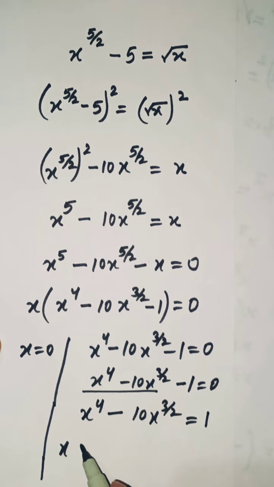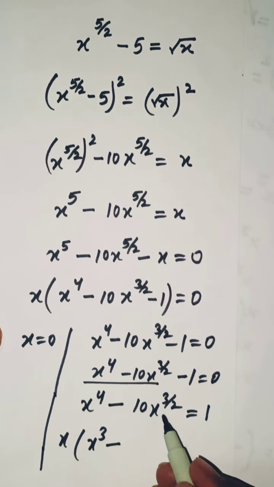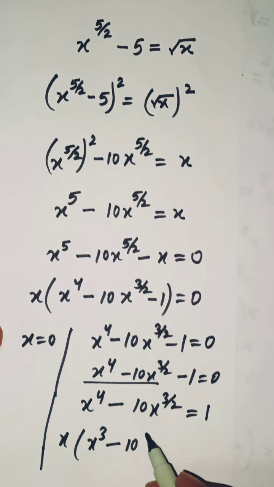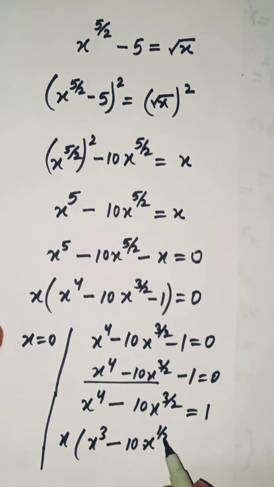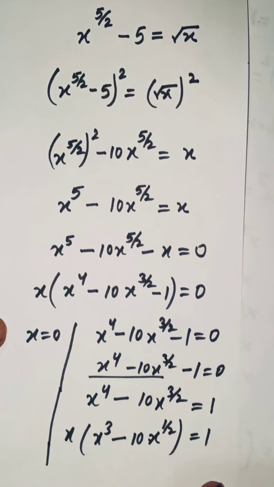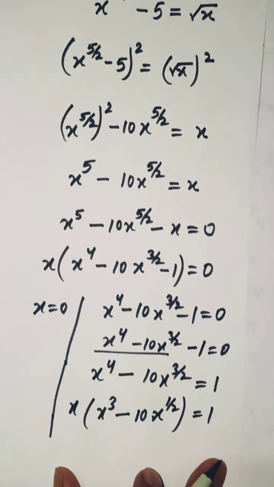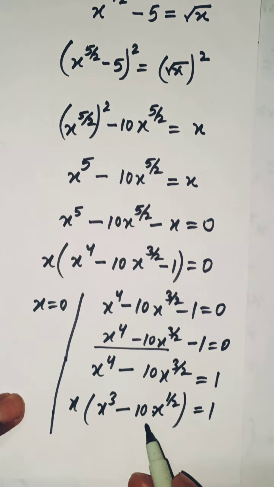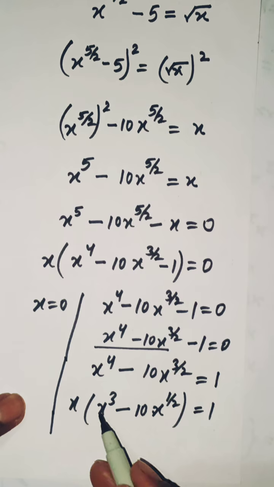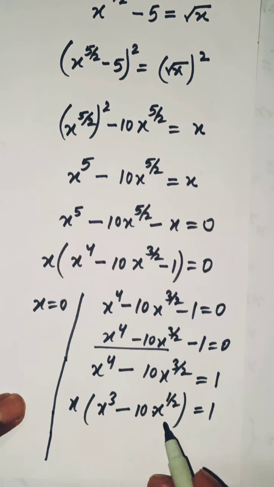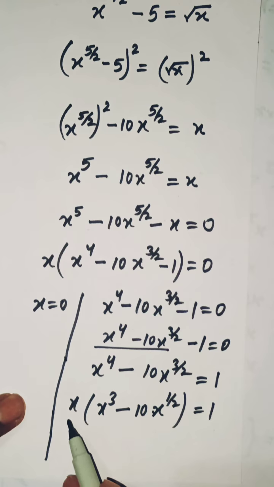I can take common x, so I'll be having x to the power 3 and then 10 x to the power 1/2, is equal to 1. So these two will be 1 when they are reciprocal to each other.